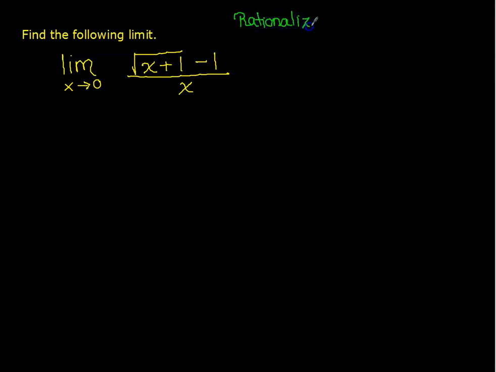Rationalizing the numerator. So I'm going to multiply it by its conjugate, which means it's going to be the same exact term. So the first term is the square root of x plus 1. Notice that the expression is still plus. And the second term is 1. So between these two terms is a minus sign.